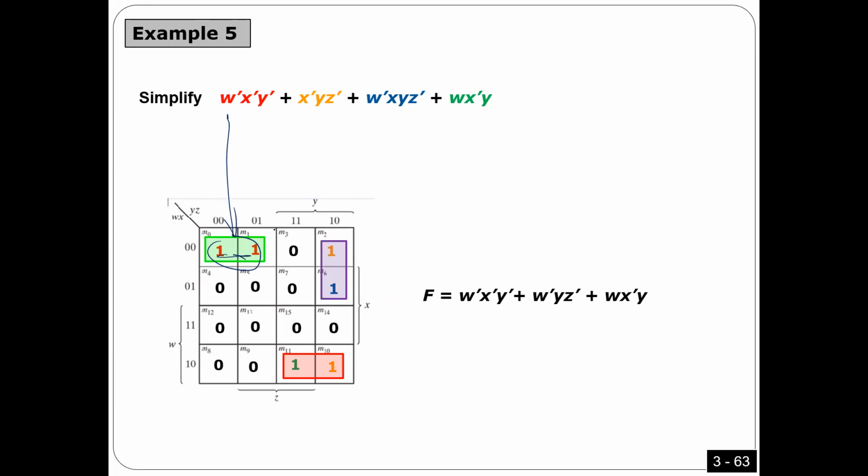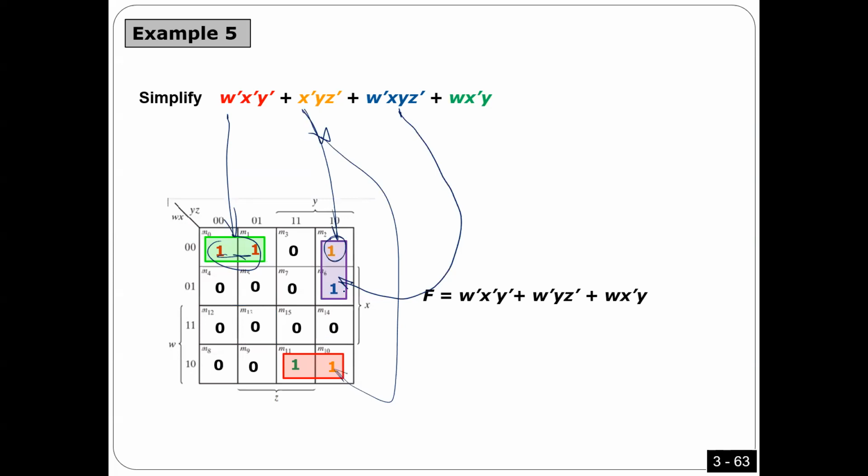Let's see. For example, if you have X prime, let's look at the next one. The next one is as we see here, and this one here. If you look at this term, it's going to put 1 here and 1 here. If you look at this term, look at the color.